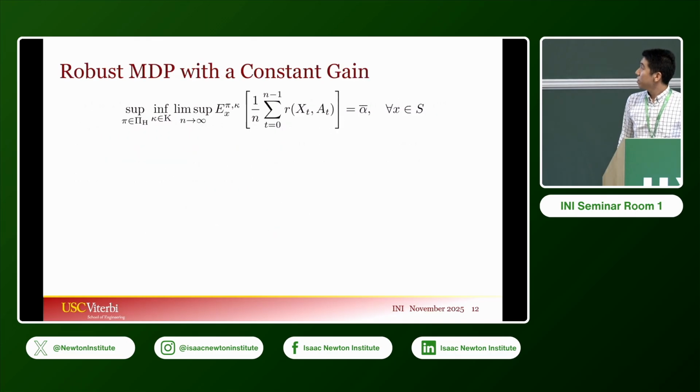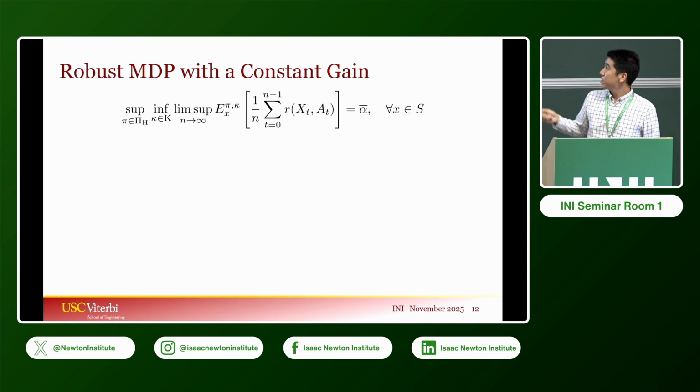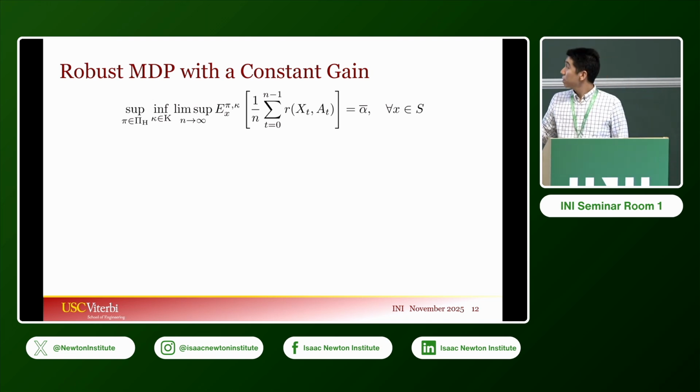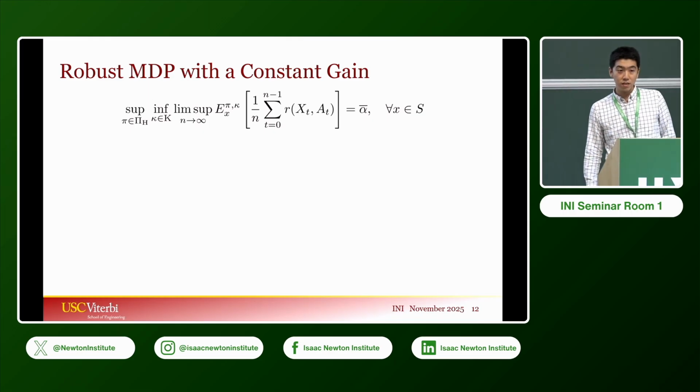Okay, so now with this adversarial dynamics in mind, let me also introduce a very important concept here called constant gain. So we say that a robust average reward MDP has constant gain if the optimal robust average reward does not depend on the initial state x.